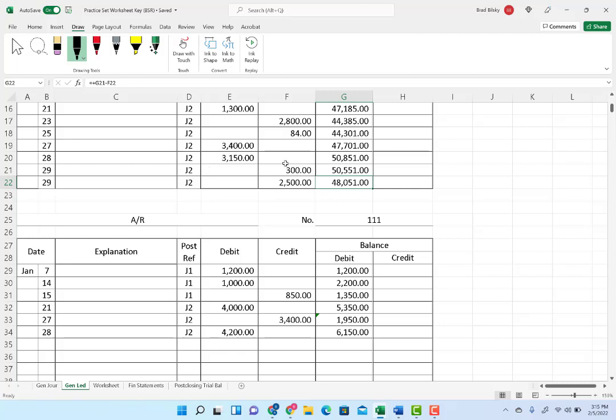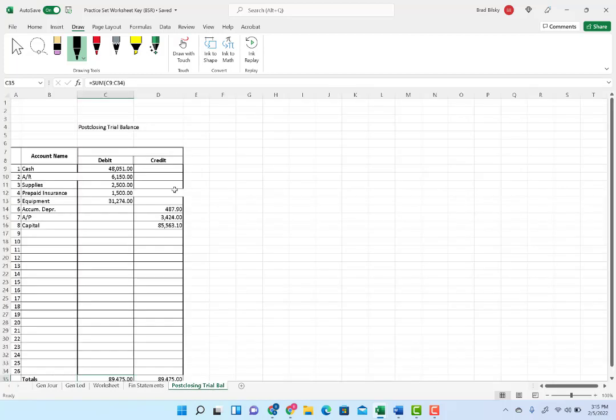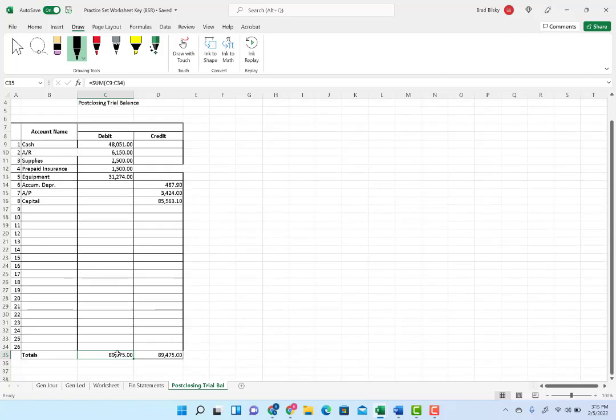So we bring the balances in these permanent accounts over to the post-closing trial balance, debits for the debit accounts and credits for the accounts with a normal credit balance, and we add the credits and debits and hopefully they equal one another. This is the very last part of the process, checking our work to make sure that everything was done correctly during the closing process.